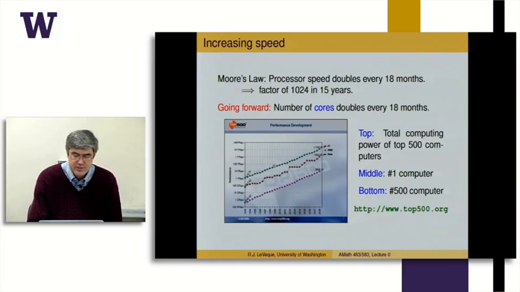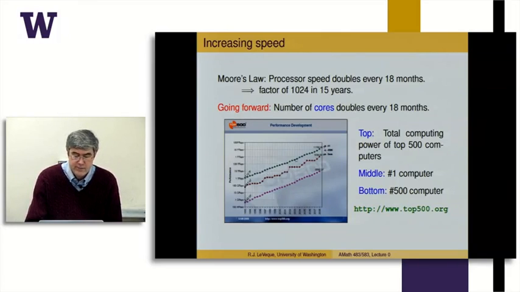And you can see it goes up. It looks like it's linear here, but this is on a logarithmic scale. You may not be able to read things here, but it's going from a gigaflop down here to a teraflop, which is 1,000 gigaflops, to a petaflop up here, which is 1,000 teraflops. So it's been increasing exponentially from 1983 to 2008. That's what's shown on this particular graph. That's the total computing power of the top 500 computers.